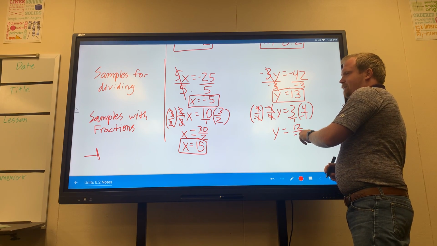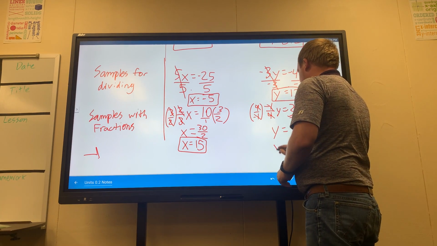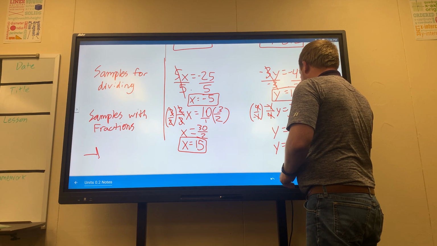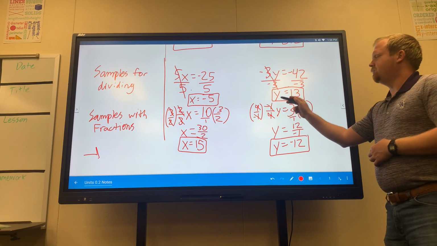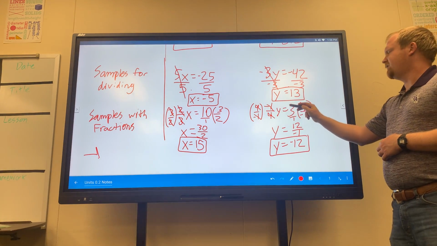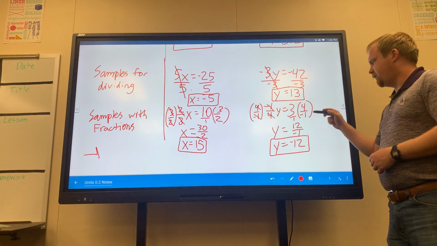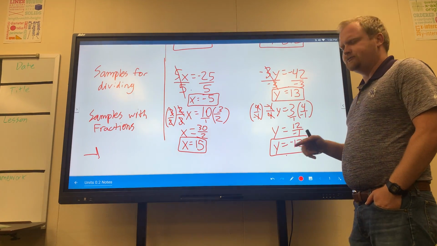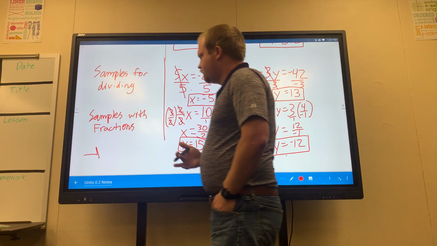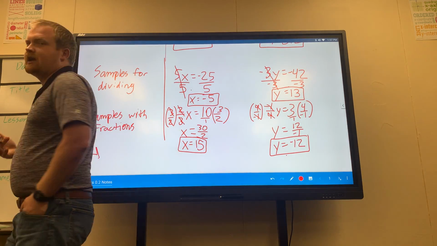Because 12 divided by negative 1 is still negative 12. So the answer for negative 1/4 times y equals 3 is y equals negative 12. So that's the last sample we have.